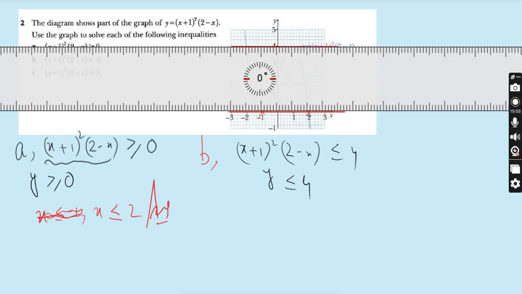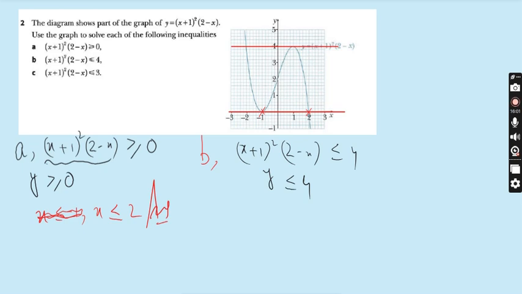Now see the sign of inequality. The sign of inequality is less than. So we have to write all those values of x which lie below this red line, that is y equals 4. See carefully this point. This is x greater than or equal to minus 2, and this is any other point.